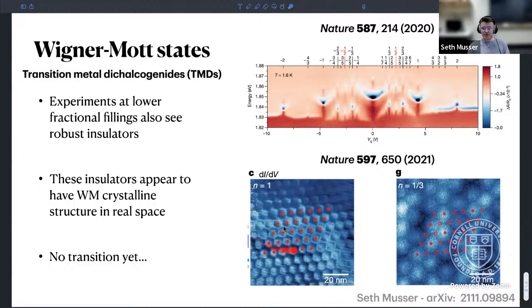If I zoom in here at filling 1, so that's 1 charge for every site, there's this triangular lattice. And then if you take a look at this cartoon here, you see the emergence of this √3 by √3 Wigner-Mott state. So this kind of Mott insulating state with this translational symmetry breaking order. However, there are no published results on any transition yet.